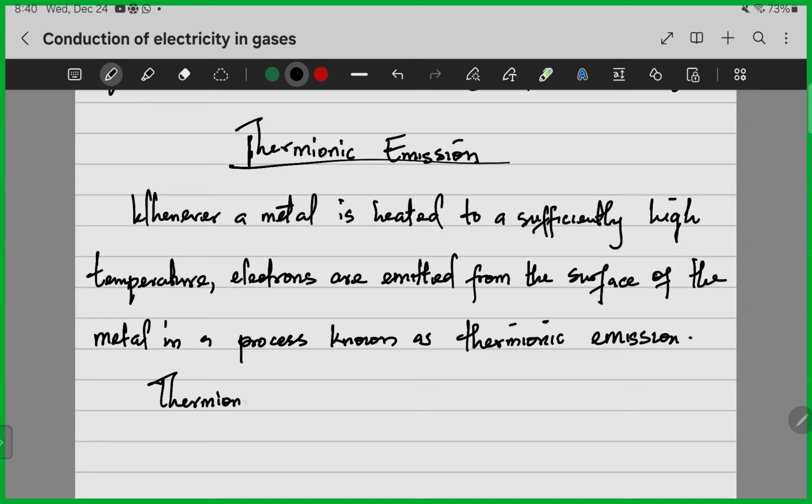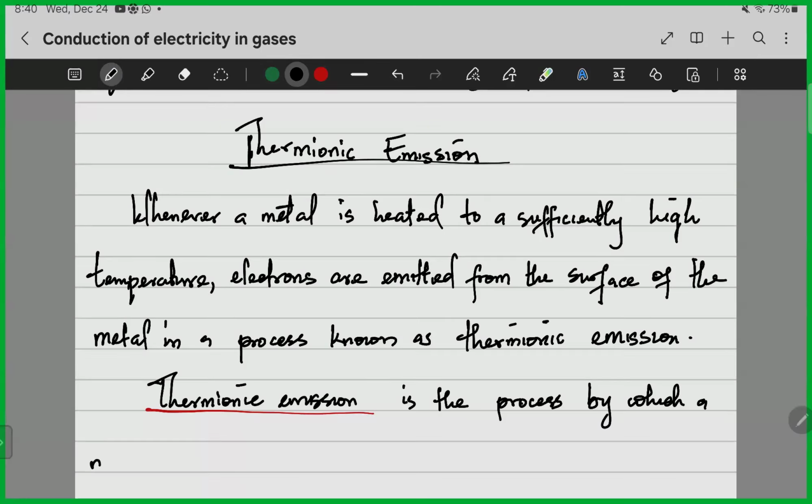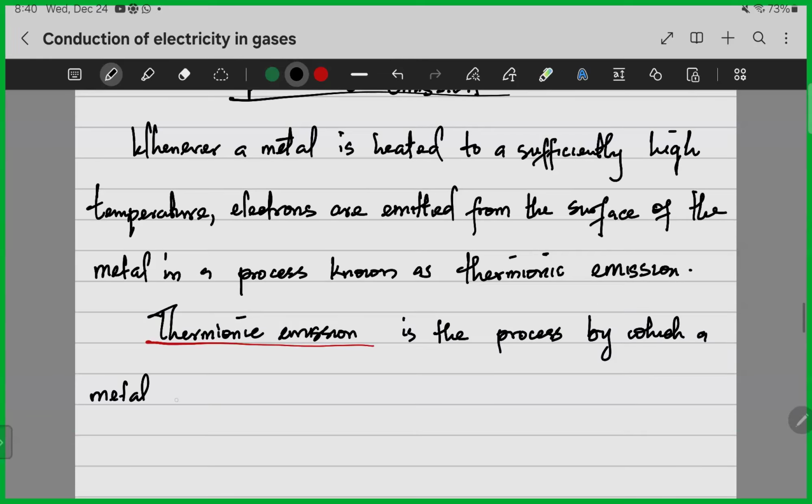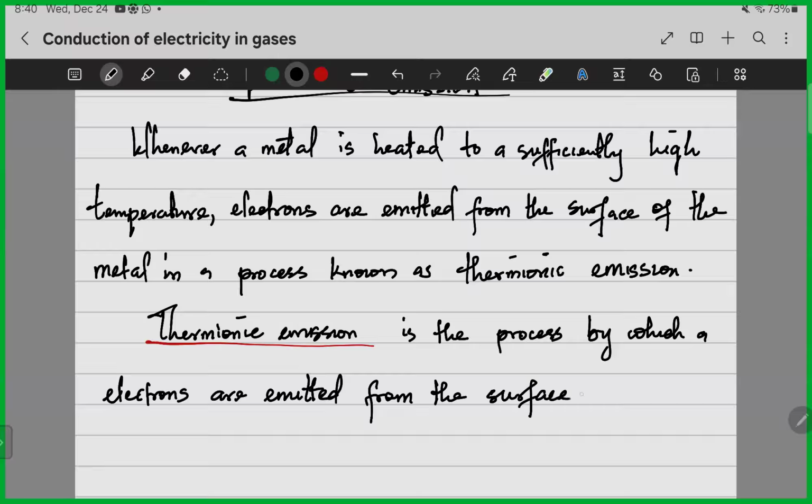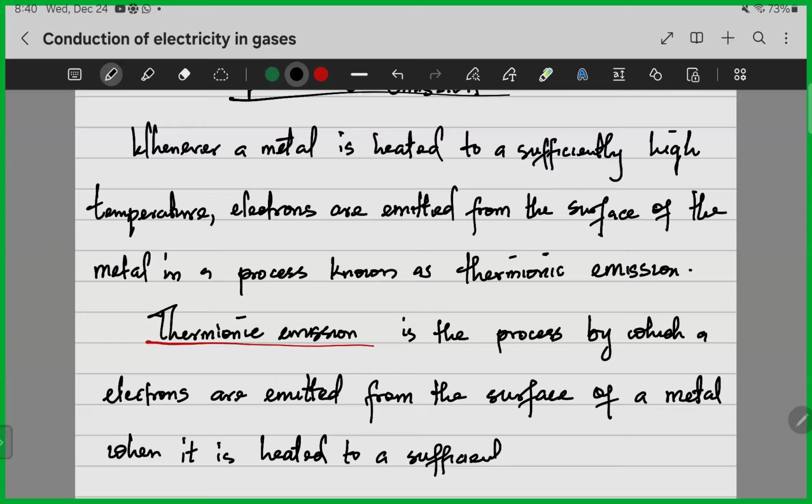Thermionic emission is the process by which electrons are emitted from the surface of metal when it is heated to a sufficiently high temperature.